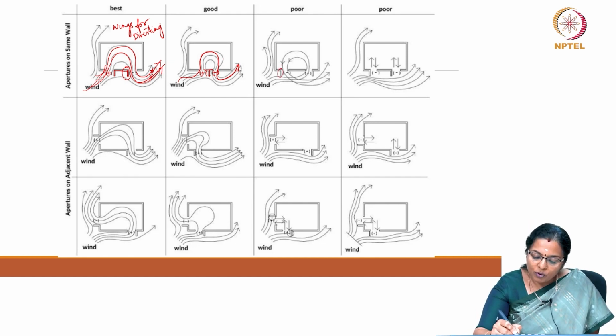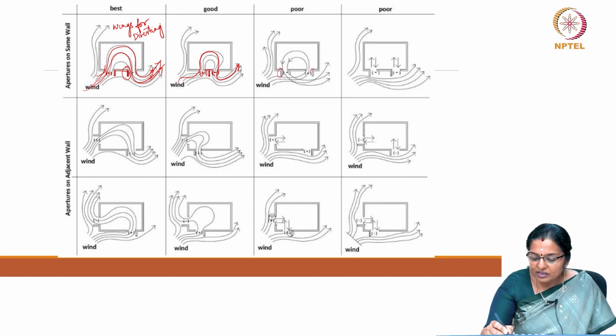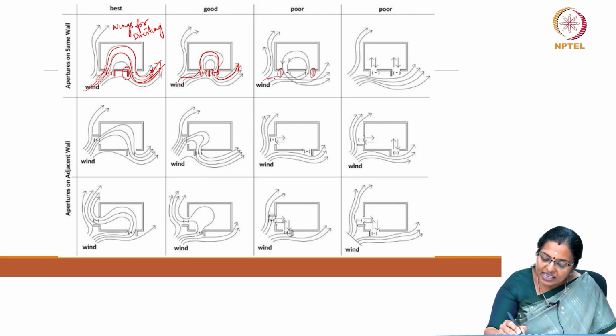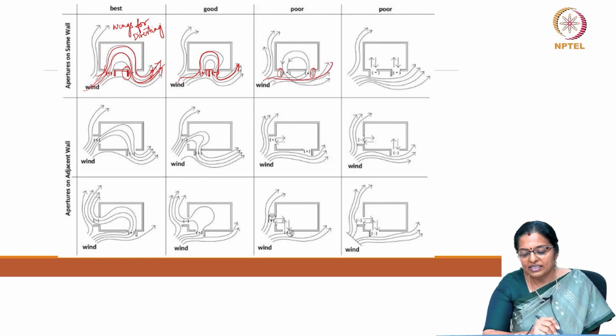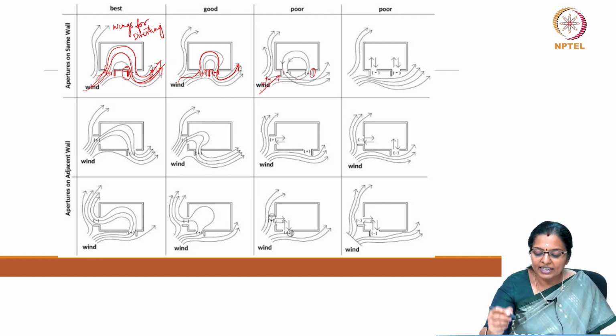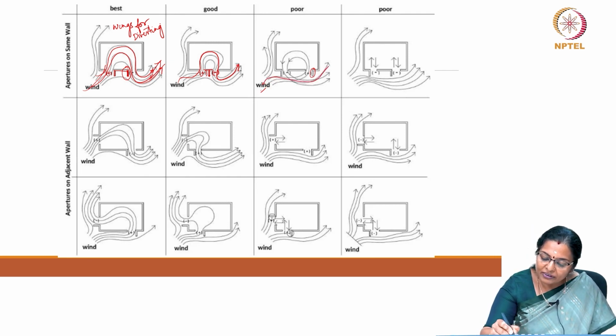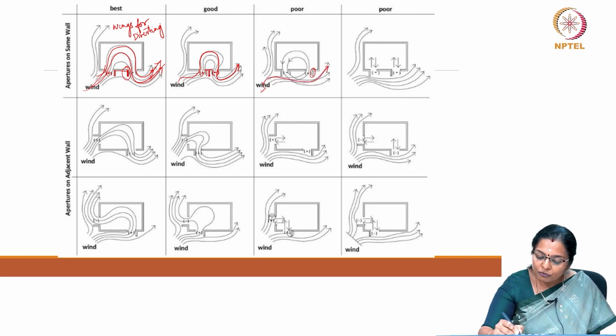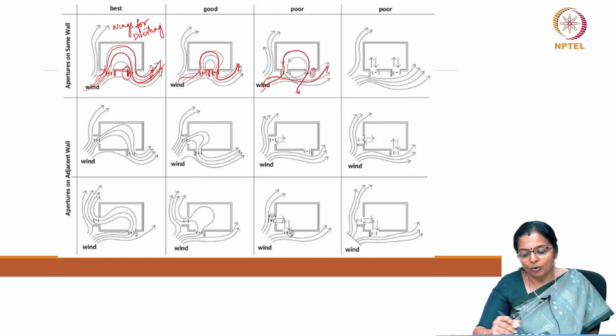This is a very poor design because when the wings are located in this manner, it is actually deflecting the breeze away rather than directing the breeze inside. So, the breeze is not getting directed inside, whereas we should facilitate the wind to go inside and come out.